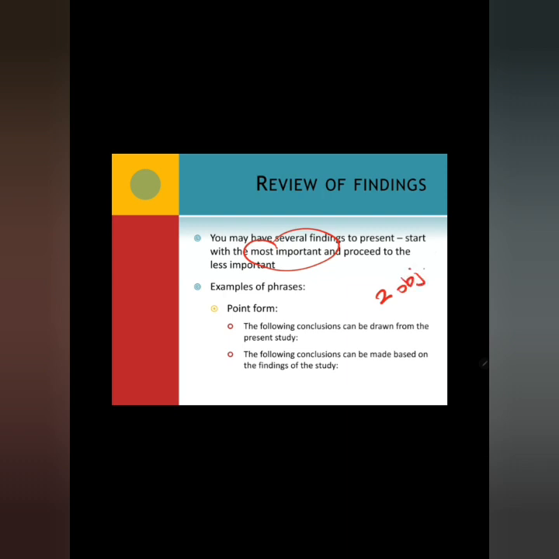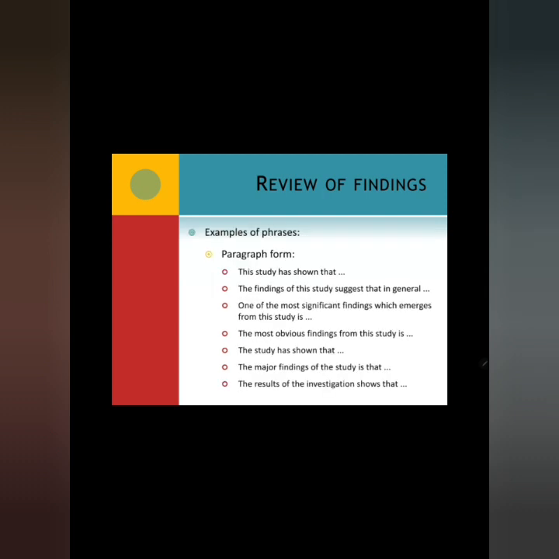At least you have 2 review of findings. How you write it, you can have it in point form, or you can have it in paragraph form. Okay, this is how you can write the sentence.